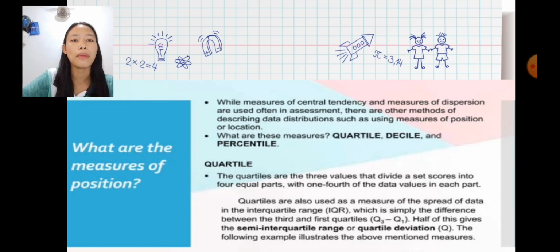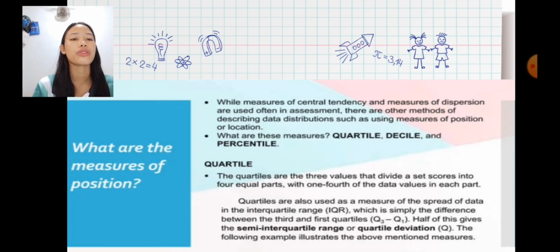First, let's talk about the quartile. The quartiles are the three values that divide a set of scores into four equal parts, with one-fourth of the data values in each part. Quartiles are also used as a measure of the spread of data in the interquartile range, or IQR, which is simply the difference between the third and the first quartiles, Q3 minus Q1.